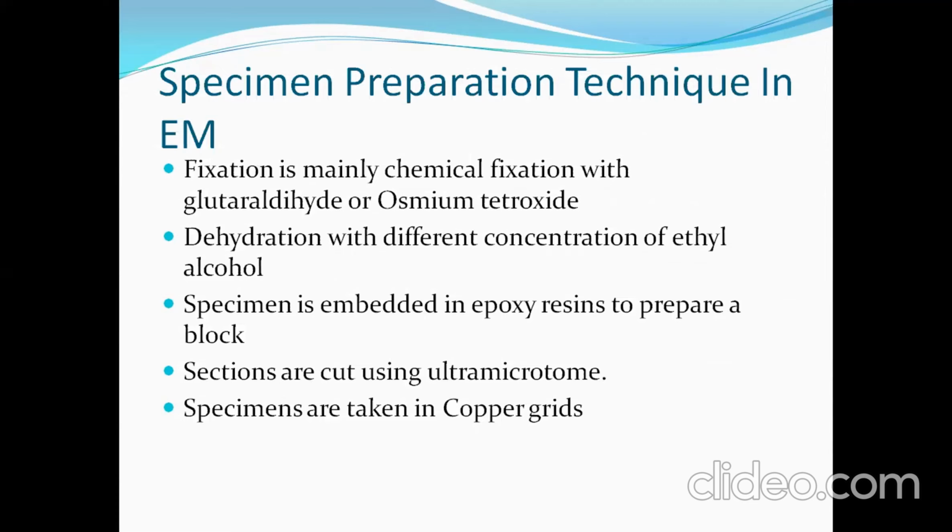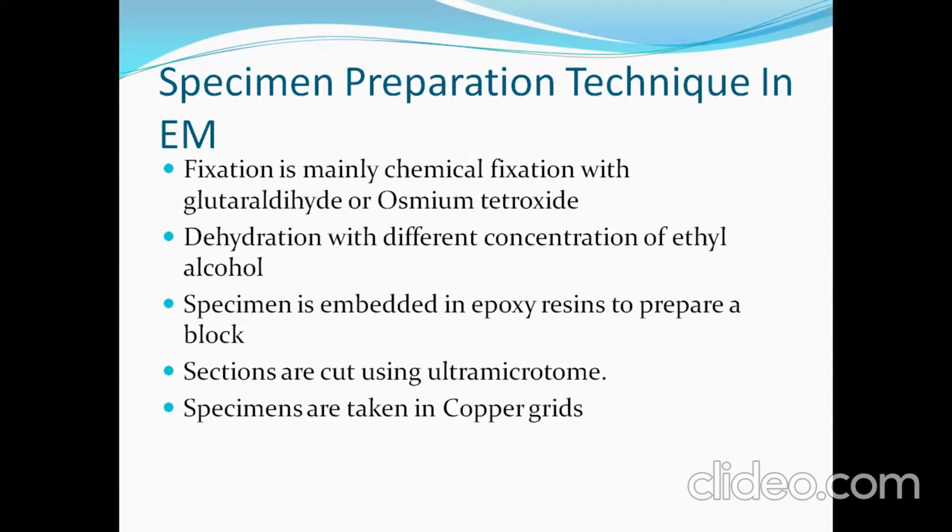After that we cut sections of that block so that we get sections of the thin leaf itself, right? So that is the technique applied for section cutting in the light microscope.